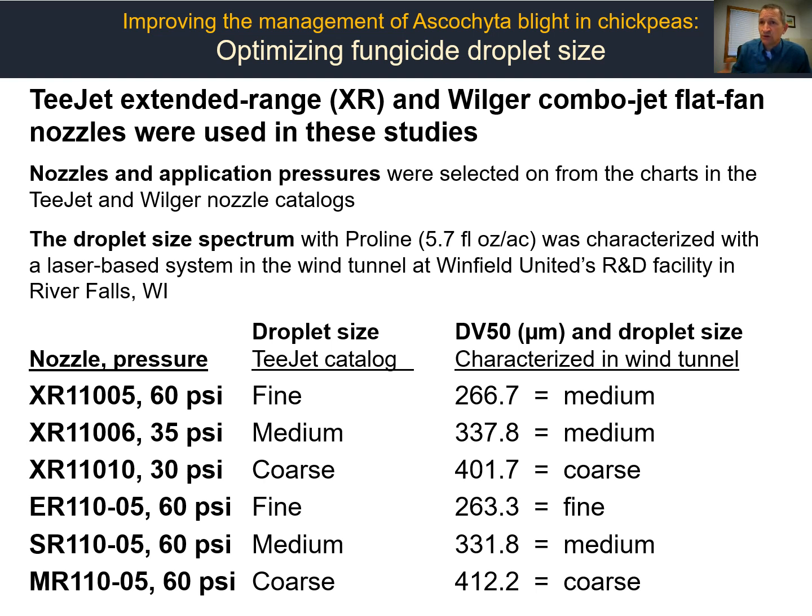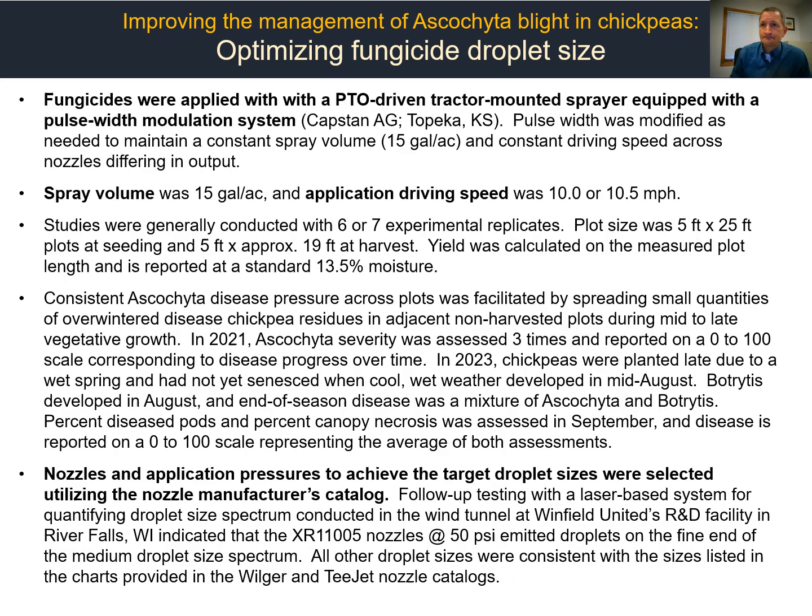Because we were spraying with fine droplets that were right on the cusp between fine and medium, whether it was Wilger or TJET. What you can see is that the medium and the coarse droplets check out exactly, okay? By all means, the integrity of the study is intact because you can see really big changes in the droplet size as you go between these nozzles. So we go from finer to coarser, okay?